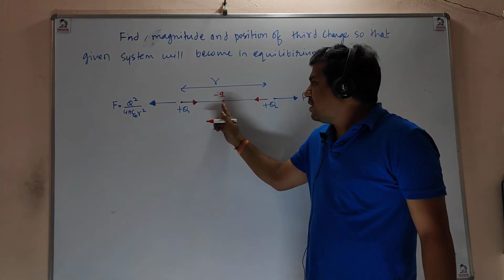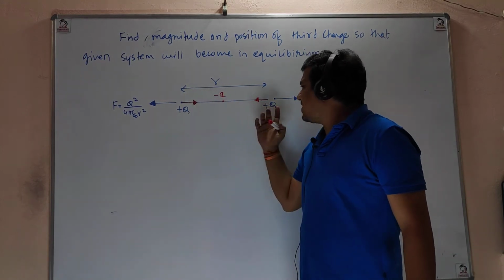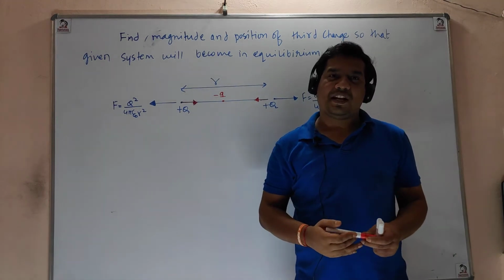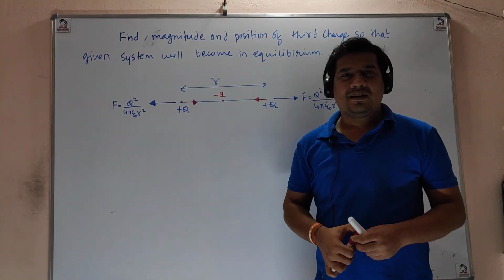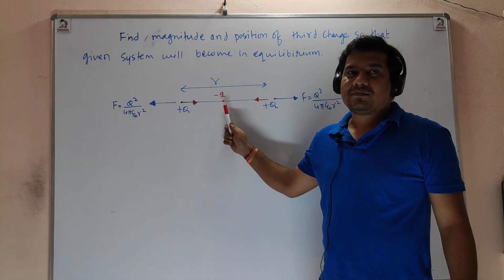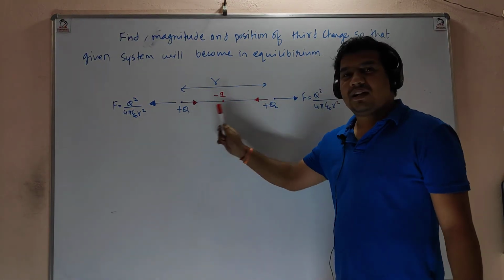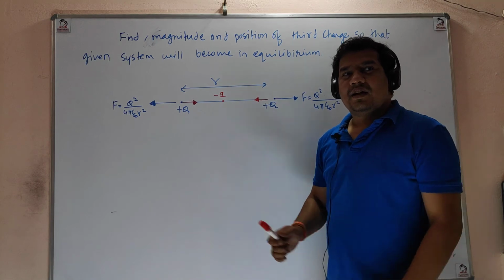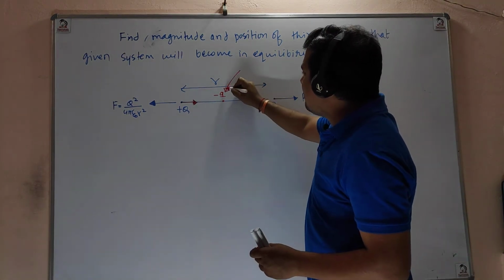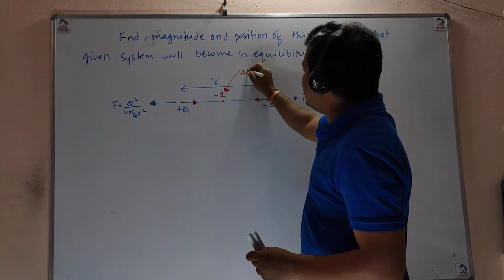This minus charge will attract this plus q and this plus q both. So this and this both will come in equilibrium. And why at the midpoint? Because both the charges are equal. That's why we will put a negative q charge at the center.